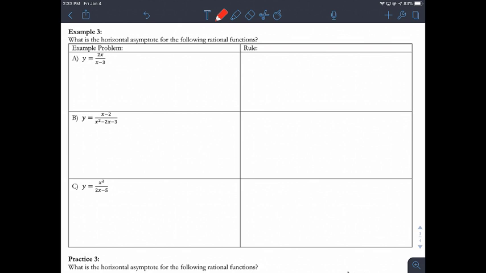So the rule here is that if the leading terms have the same degree or the same exponent on the numerator and the denominator, then we're going to use the ratio of the leading coefficients.